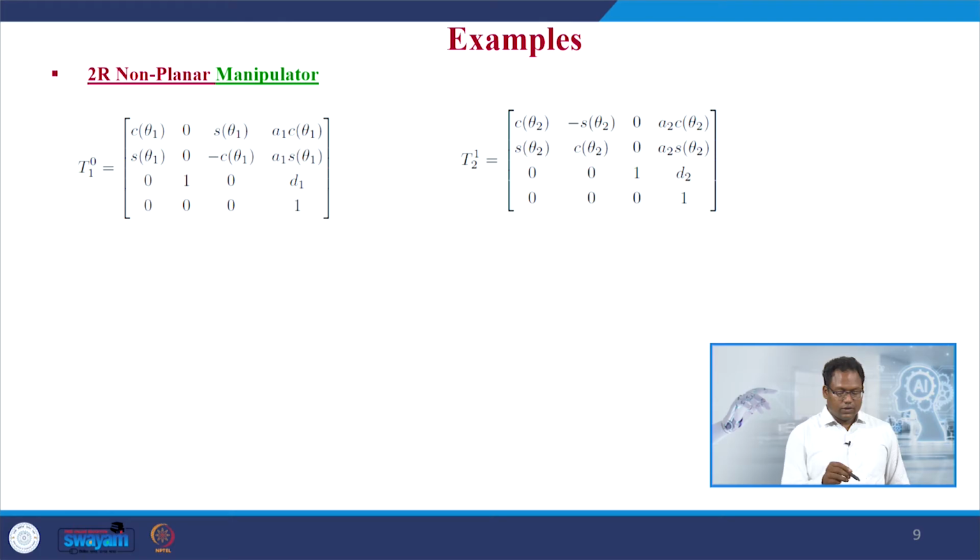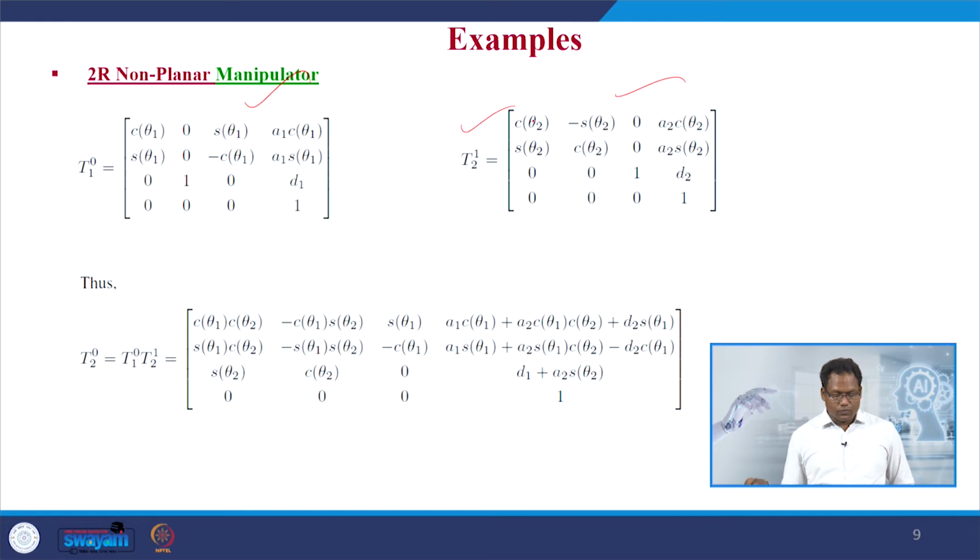The first row contributes to the homogeneous transformation matrix represented by T01, and the second row gives the homogeneous transformation matrix T12. Finally, T02, that is the position of the tip frame with respect to the base frame 0, is given by the product of these two individual homogeneous transformation matrices.